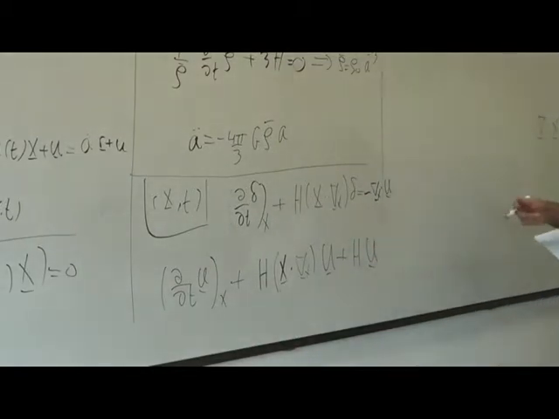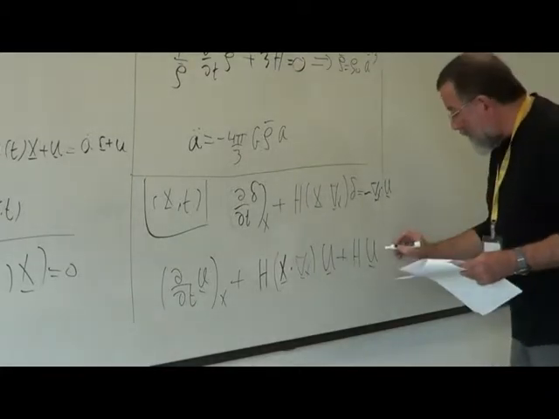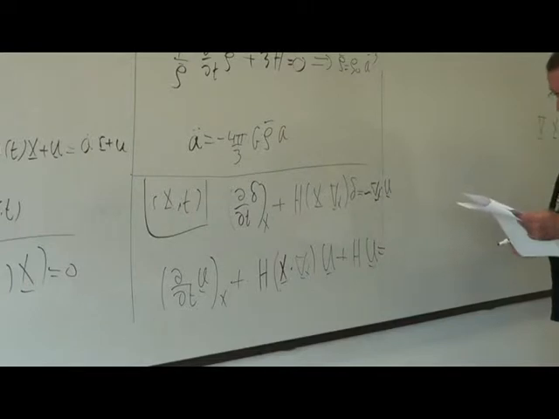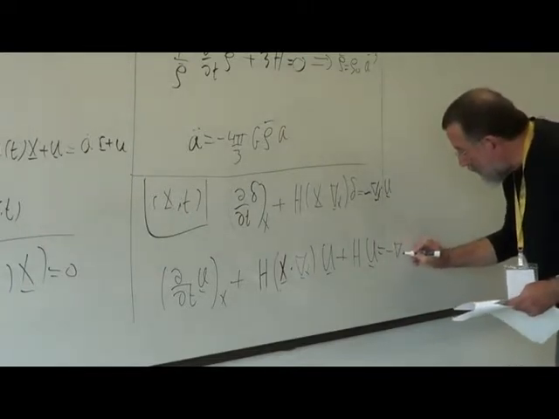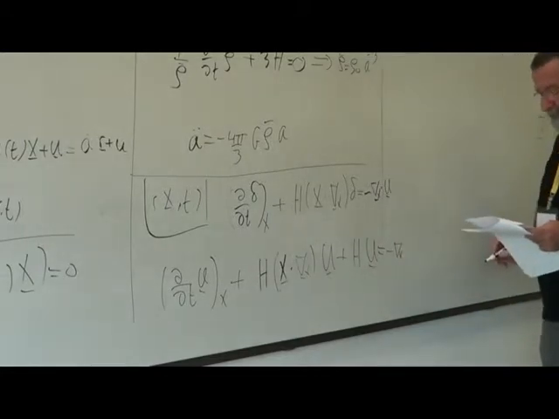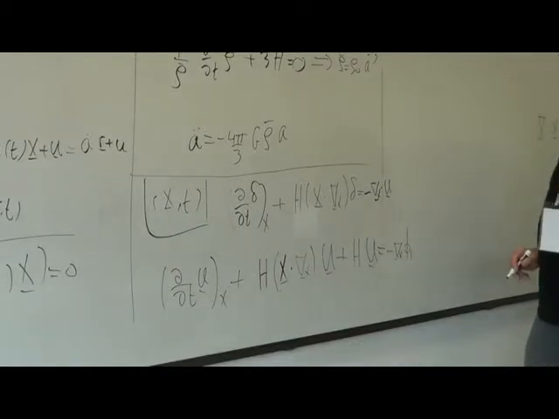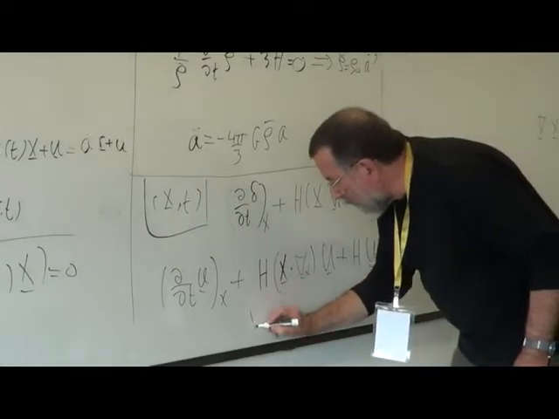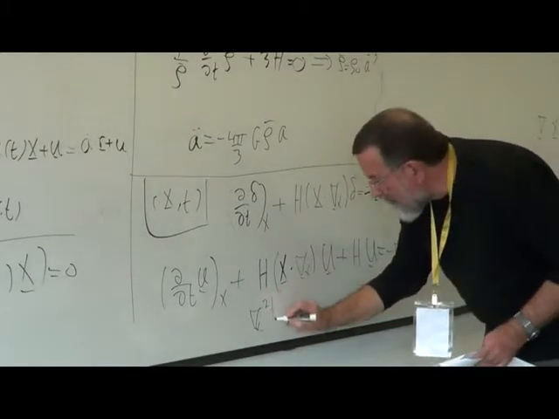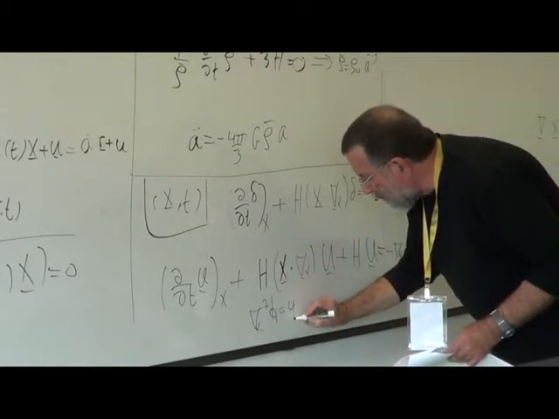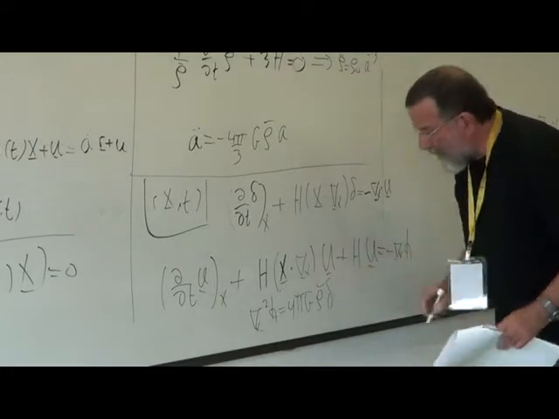H, I remind you, is always H of t. Now this equals, we don't have pressure, so it is minus the gradient with respect to x of phi 1, and phi 1 satisfies the Laplacian with respect to x of phi 1 equals 4 pi G rho delta times delta.